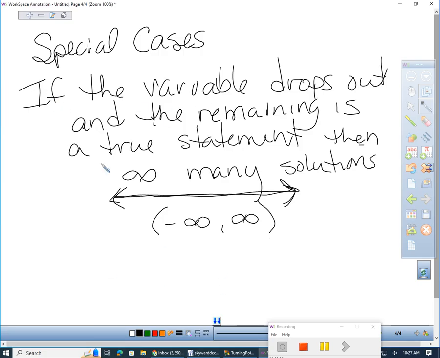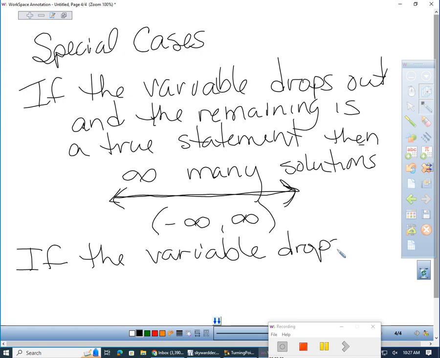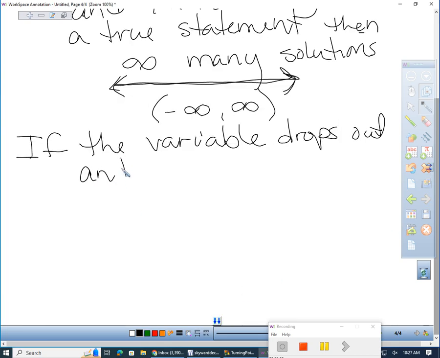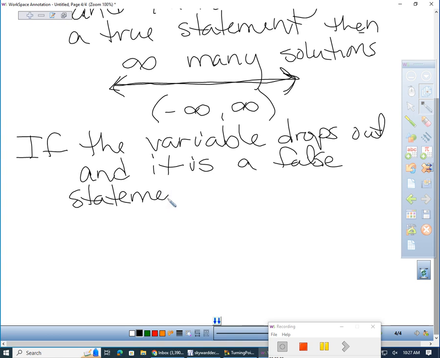All right. If the variable drops out and it is a false statement, then it is no solution.